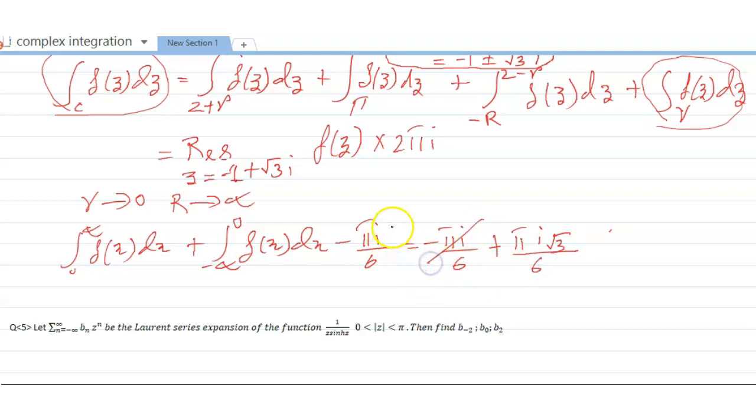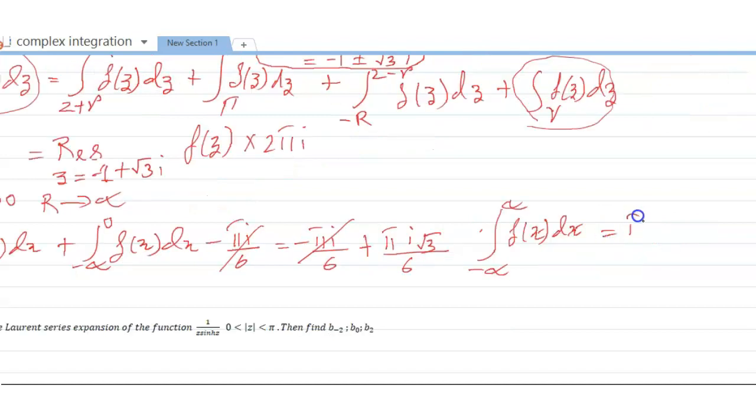So this portion and this portion cancel, and whatever I get, the integral from minus infinity to infinity of f(x) dx equals pi root 3 divided by 6, and this value is minus pi by 6 root 3.